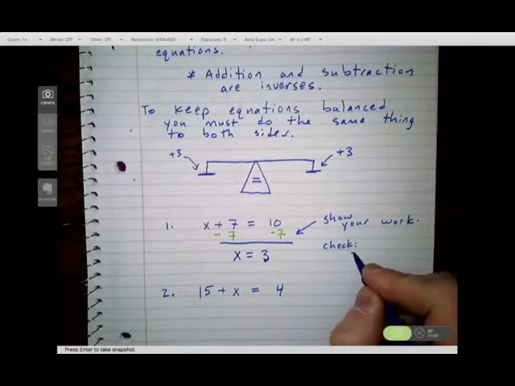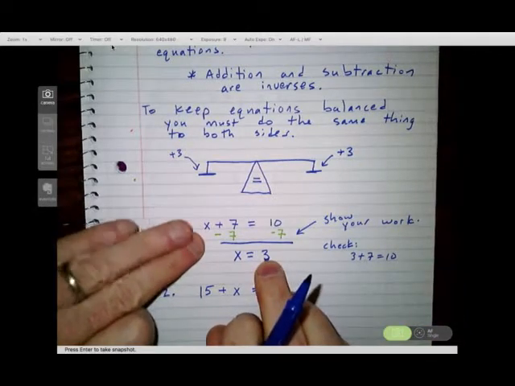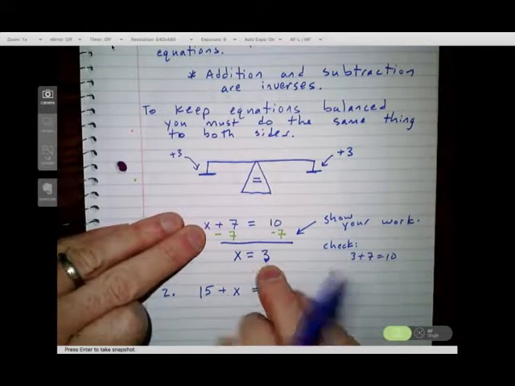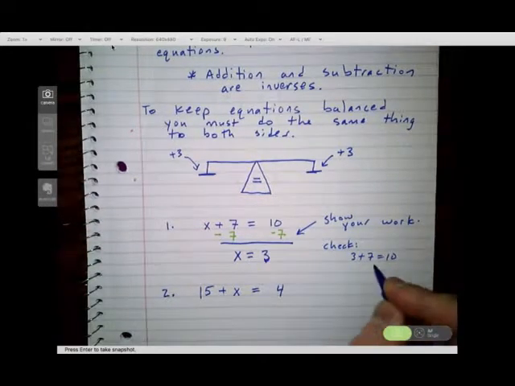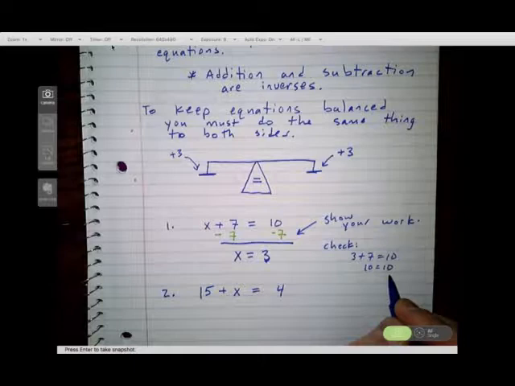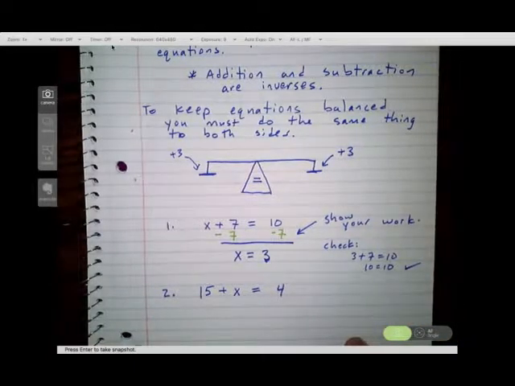I'm going to go 3 plus 7 equals 10. I put the 3 in here for x, replacing the x with the 3. So 3 plus 7 is 10, and I get 10 equals 10. If you got two different numbers here, you know you made a mistake. Since I got the same number, it checks.